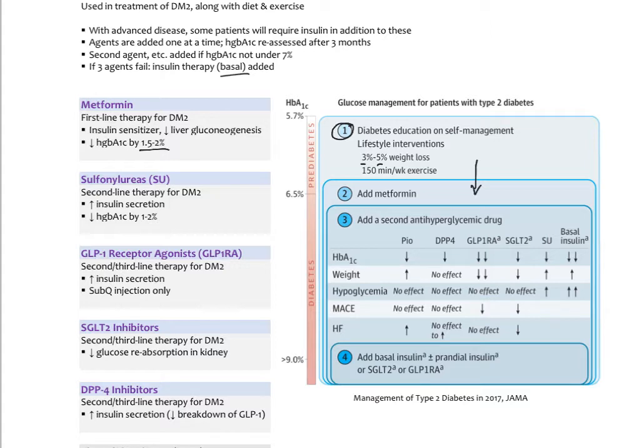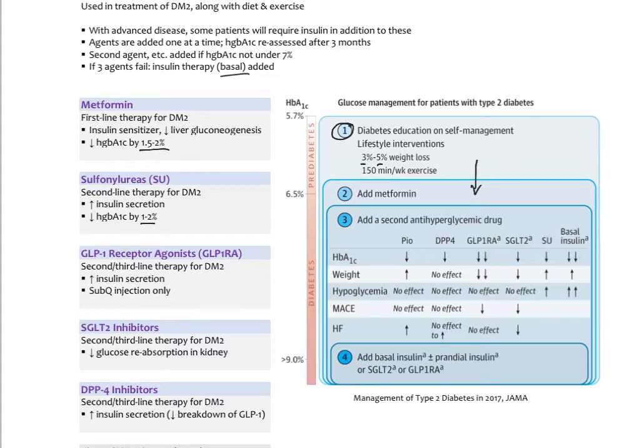They will only be useful for 5-10 years or so, and then the beta cells will start to fail. And so that's why more and more we're seeing these less and less prescribed, because they're really not doing what we want them to do ultimately, which is to improve the insulin sensitivity. So they're not having much effect on the insulin sensitivity. They tend to decrease A1C by up to 2% as well.